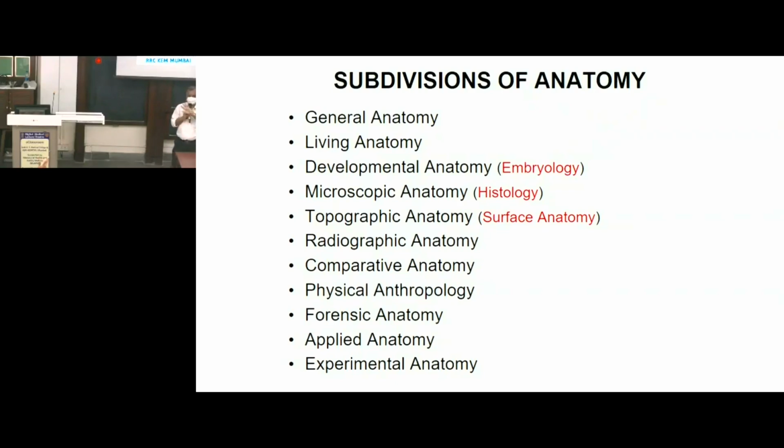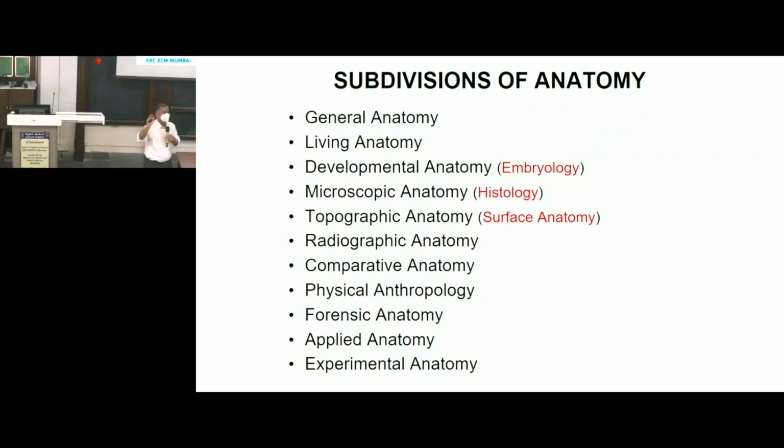Others believe that anatomy cannot be learned in a living human being. Correct? Am I to assume that? Or are you hesitant, uncertain? Okay. Those who said anatomy can be learnt in a living human being, can you elaborate? Yes. You can give anesthesia and then learn anatomy.